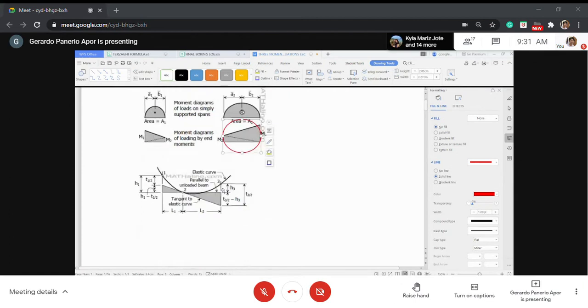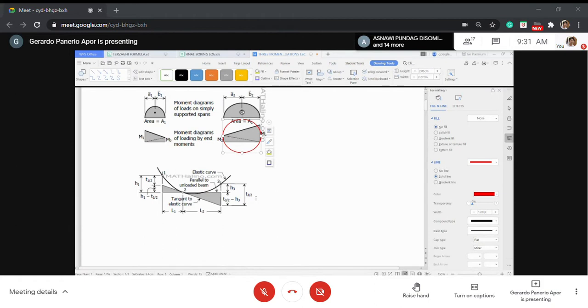Okay, so we call this H3, and then we draw a tangent line, so we can determine this distance from the point of the tangent line under point 3 to point 3 as T32. This T32 is what we call the tangential deviation of points 2 to 3 with respect to point 3.